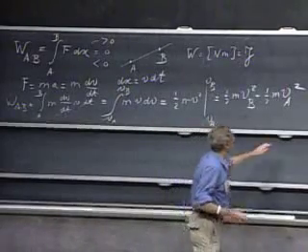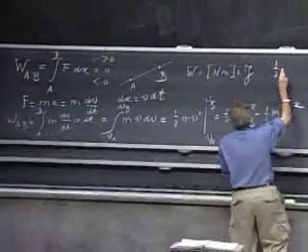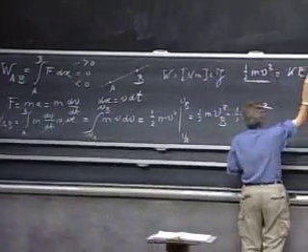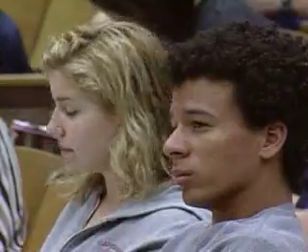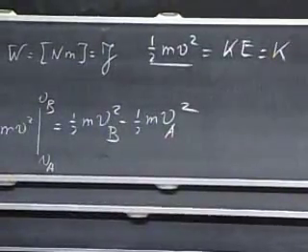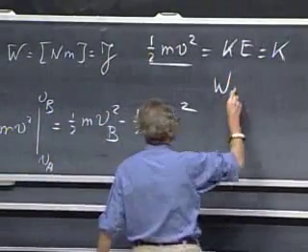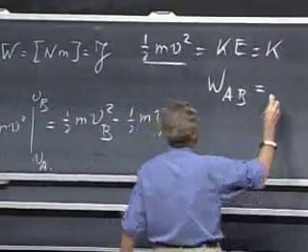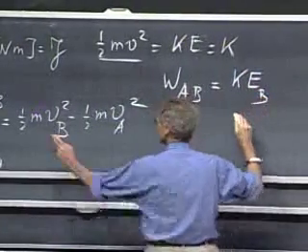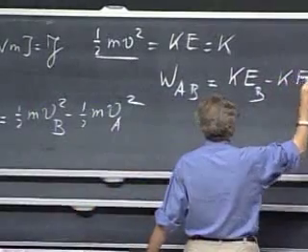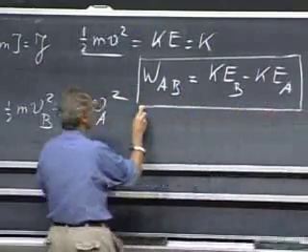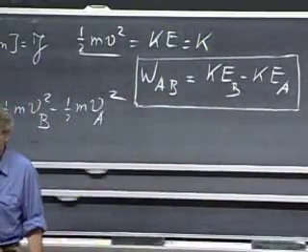1/2 m v squared is what we call in physics kinetic energy. Sometimes we write just a K for that. It's the energy of motion. And so the work that is done when a force moves from A to B is the kinetic energy at point B, you see that here, minus the kinetic energy at point A, and this is called the work energy theorem.